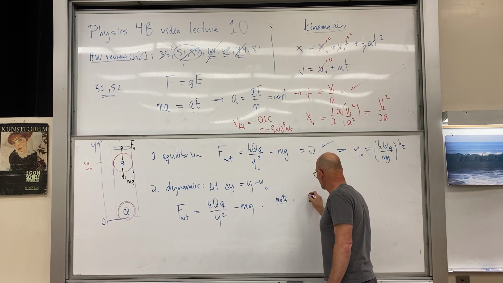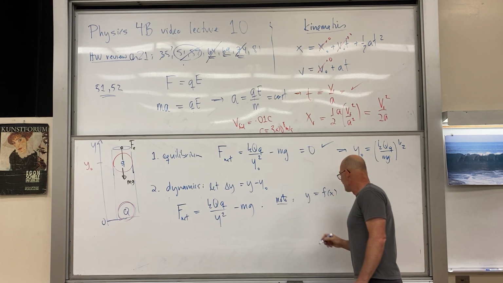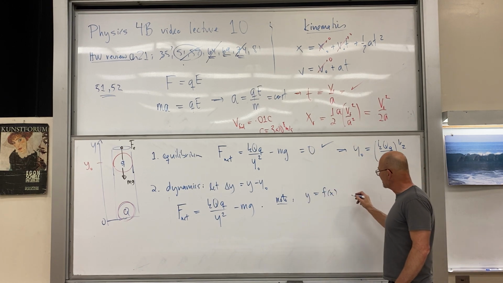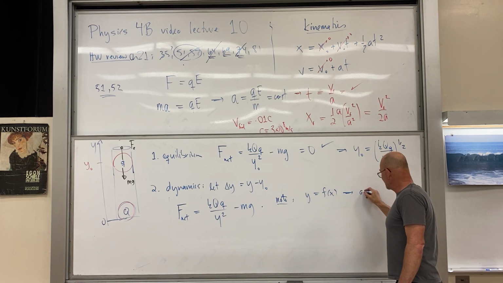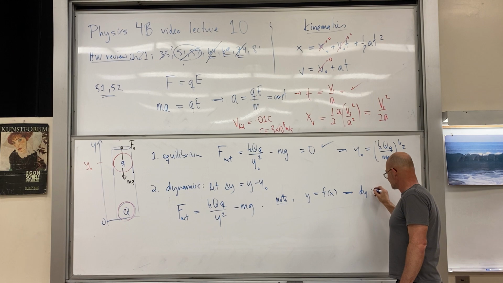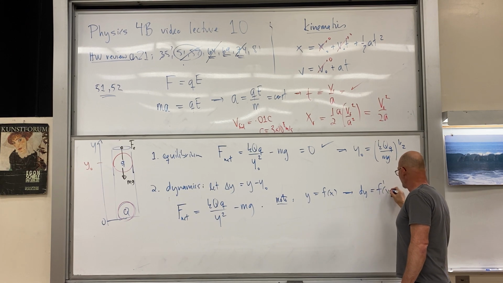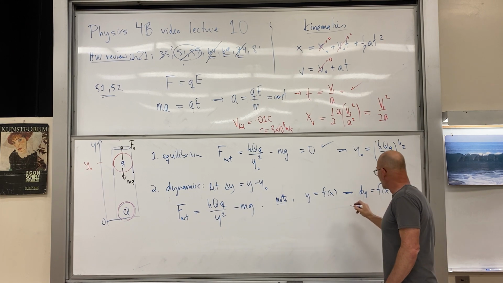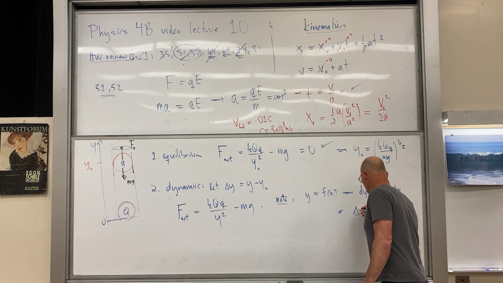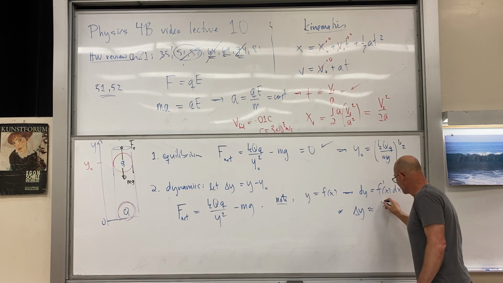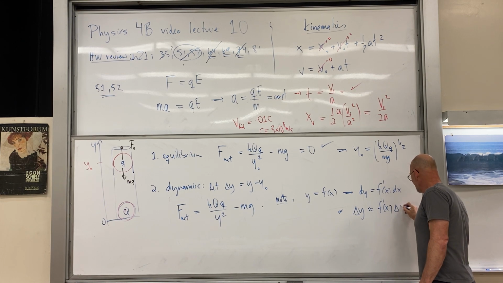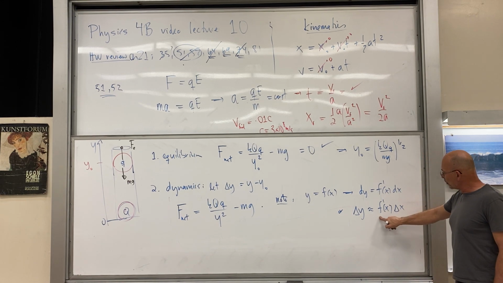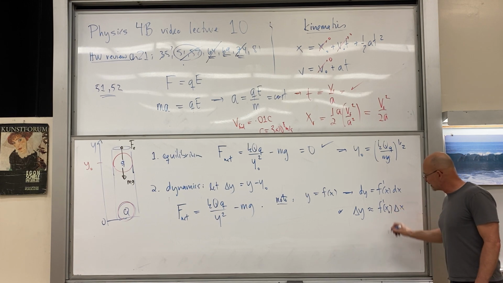You learned that if y is equal to f of x, as an approximation you can write dy equals f prime of x dx, or delta y is approximately f prime of x delta x, where you're around some x0.